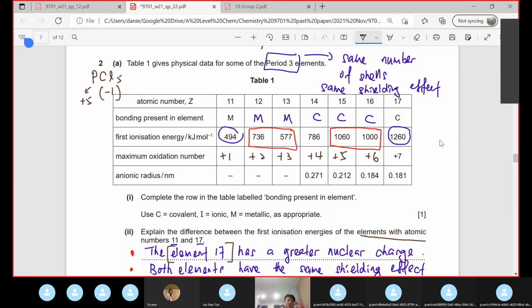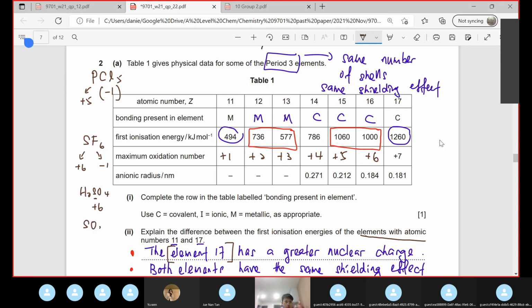As we have the structure, something like this, SF6. F is -1, the oxidation number. Then the sulfur will become +6. Same thing for H2SO4, the oxidation number for the sulfur is +6.